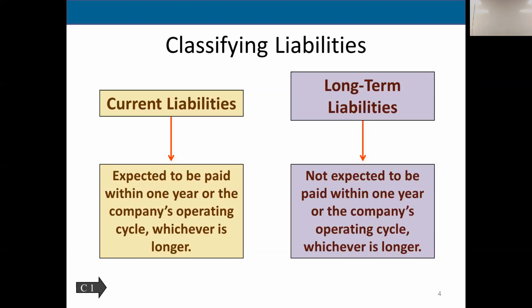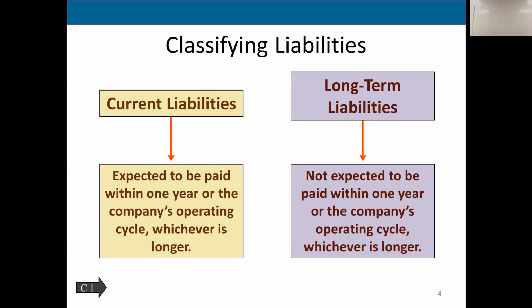If we can defer payment or meeting the obligation longer than 1 year, we would include that as a long-term liability. When you see the term 1 year or the company's operating cycle, be aware that some entities may use an operating cycle shorter than 1 year. Just remember, 1 year is the maximum amount that we can go.